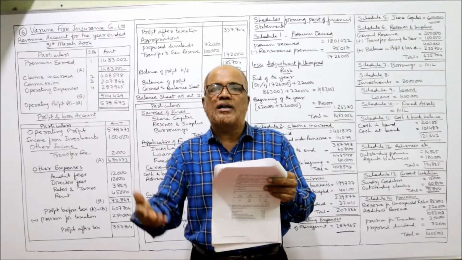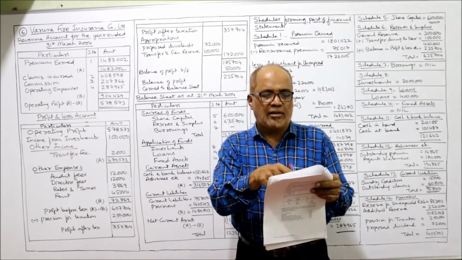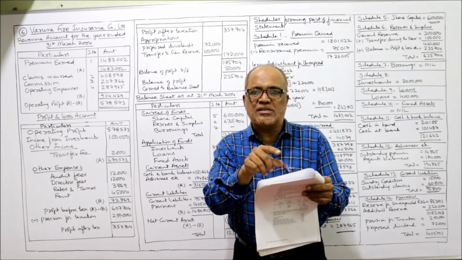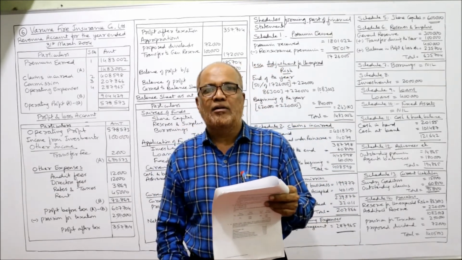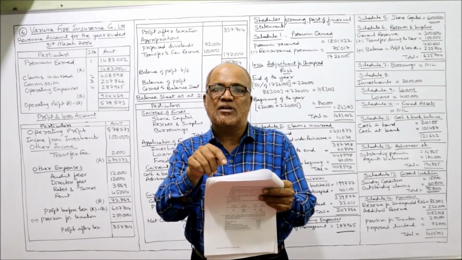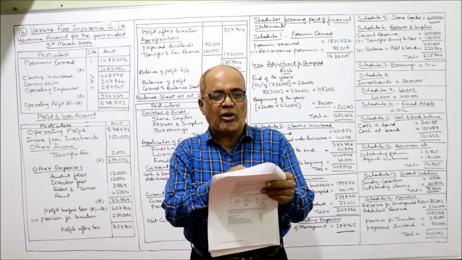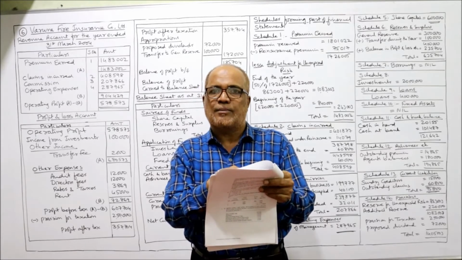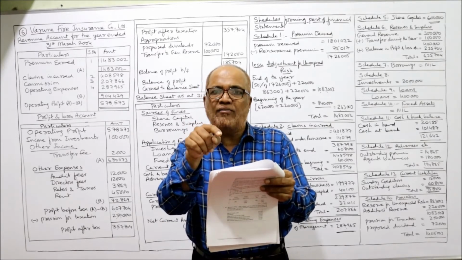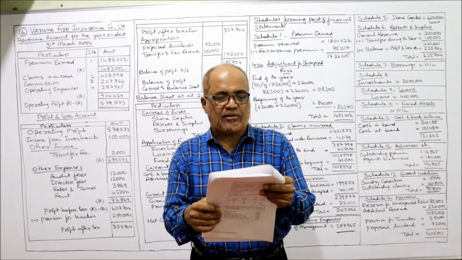Then commission on direct business, that is schedule number 3. This is commission paid. Commission on direct business means commission paid. To this commission paid, we add the commission accepted and commission ceded should be deducted. The next item given, commission on reinsurance accepted. The accepted will be added and ceded will be deducted from commission paid.